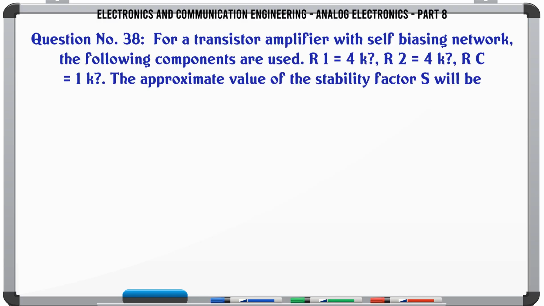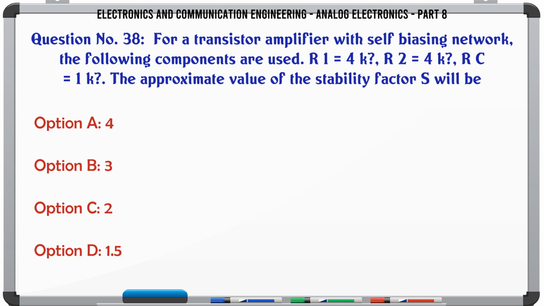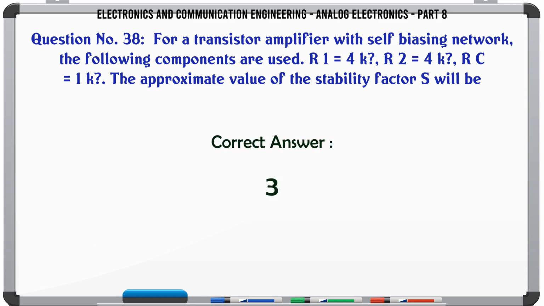For a transistor amplifier with self-biasing network the following components are used: R1 4K, R2 4K, RC 1K. The approximate value of the stability factor S will be A. 4, B. 3, C. 2, D. 1.5. The correct answer is 3.